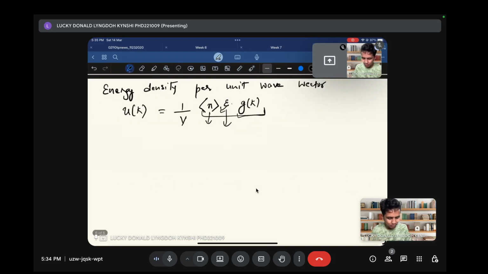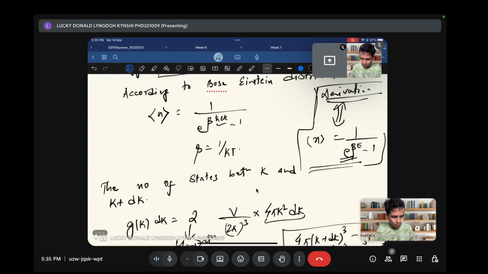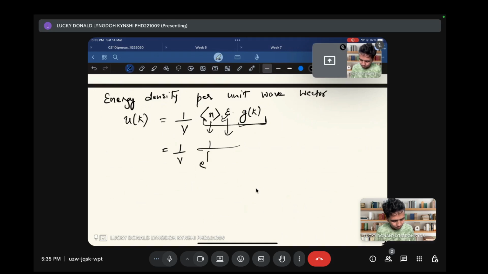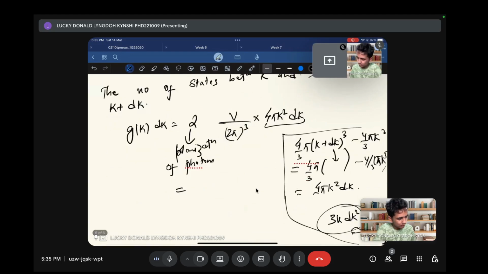So that means you have 1 divided by V. n you already know, 1 divided by e to the power beta h cross ck minus 1. Energy is h cross ck, that is already given, and g(k). What is g(k)? If you solve these problems, g(k) is simply V by pi square k square.